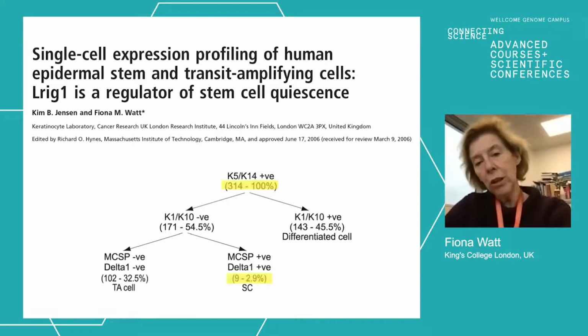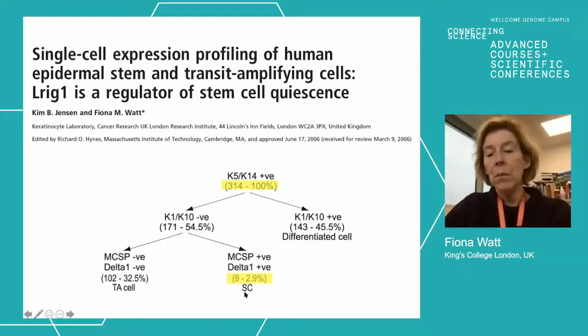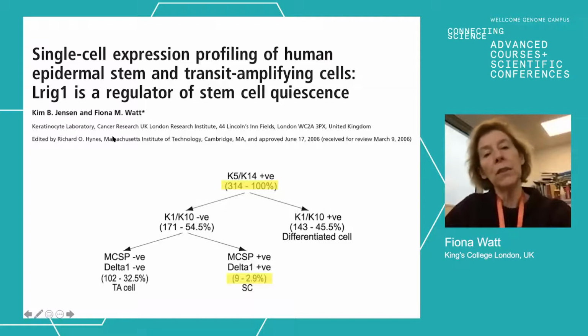I just show you this to show you that at the time, we were able to analyze just over 300 cells from the basal layer of the epidermis, and we got out of that 9 informative stem cells. It was a very successful project, and it led to the identification of LRIG1 as a regulator of stem cell properties, not just in the epidermis, but in many other epithelia.